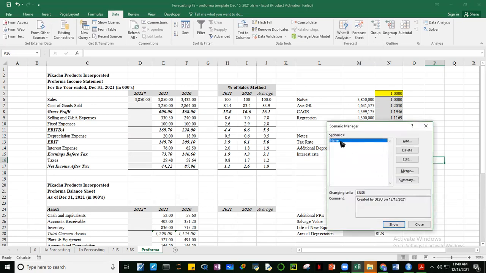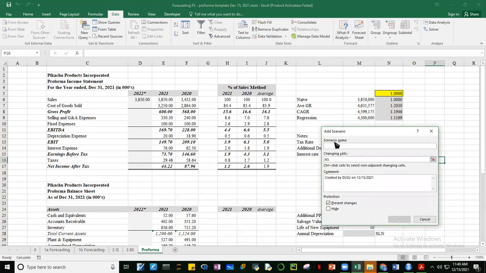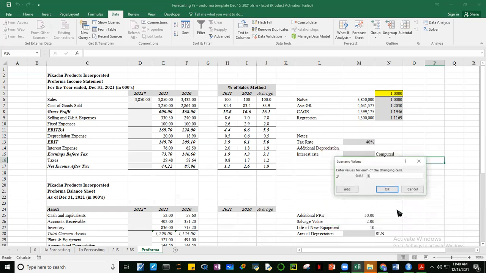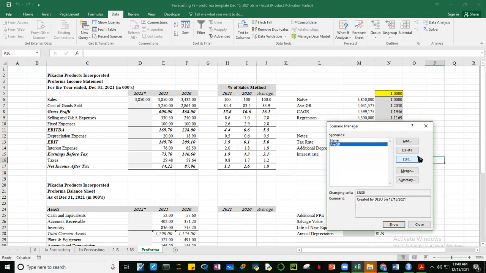Okay? And then we can add, sorry. Pwede ko mag-add kunyari. So, may naive na tayo. Add this time average GR, average growth rate, okay, link to N5, okay, it should be 1.2030. Okay? Alright? Tapos pag sinow natin yan, magbabago na to, kasi linink natin guys dito yung nasa scenario manager natin.